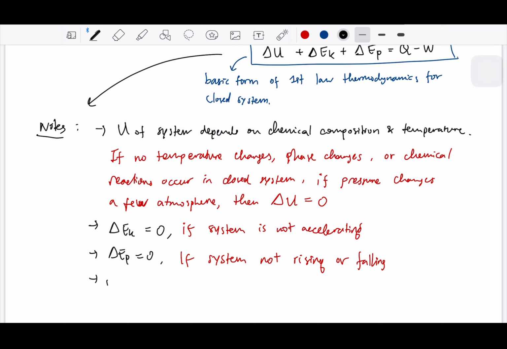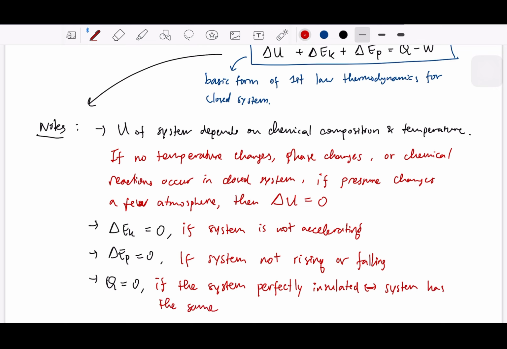Okay, Q is 0 if the system is perfectly insulated, or we can say that the system has the same T as the surroundings.